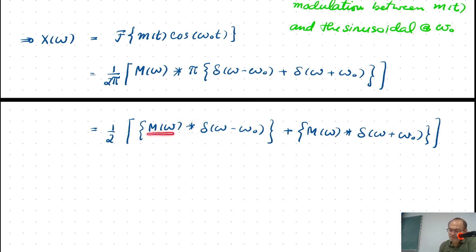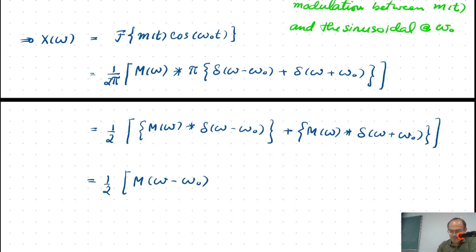You convolve this function with delta shifted to this position, and you get the same M back, but shifted to position omega 0.